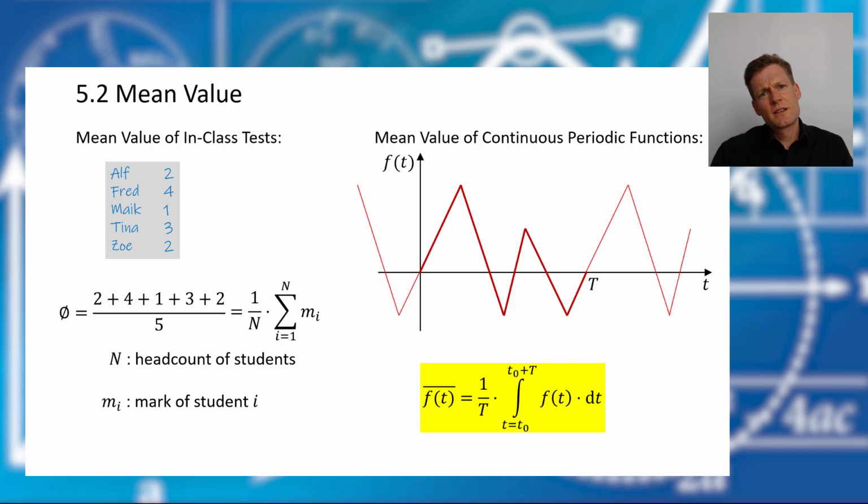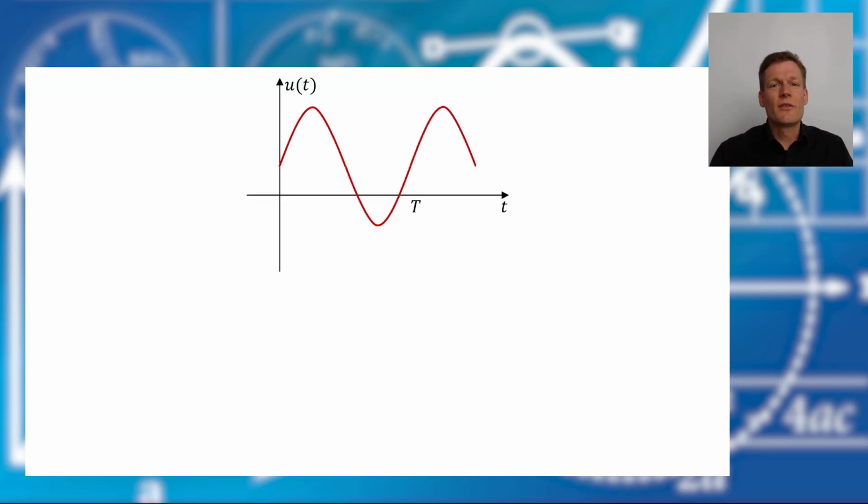Why do we need it? I will show you. Let's say we have such a voltage function here. And you see we have a maximum value and a minimum value, and it's quite easy to see here we have a mean value. And we can separate this original function into two subfunctions.